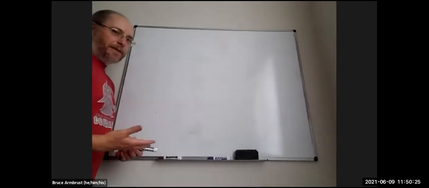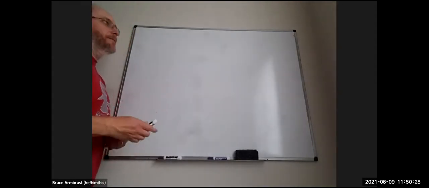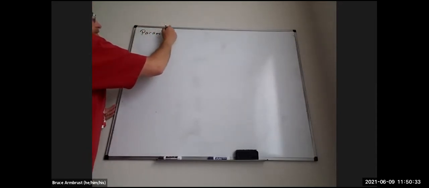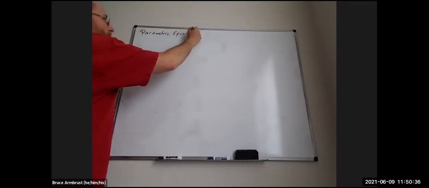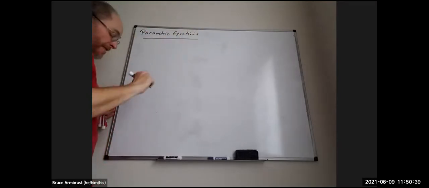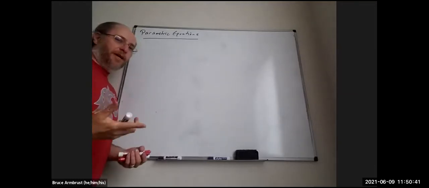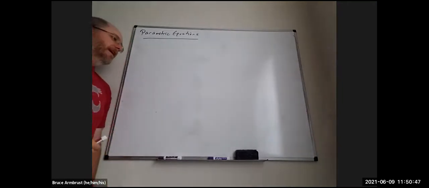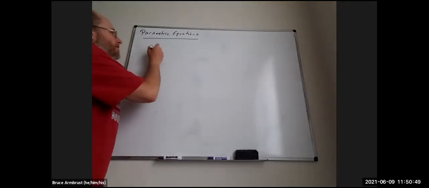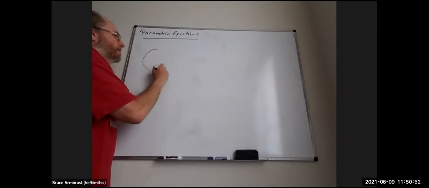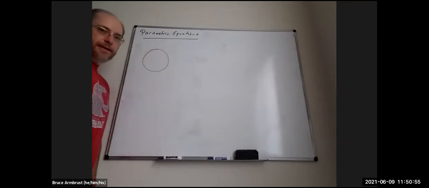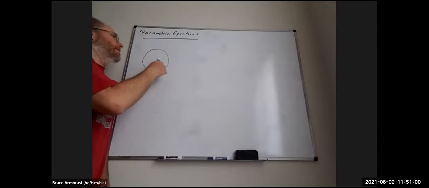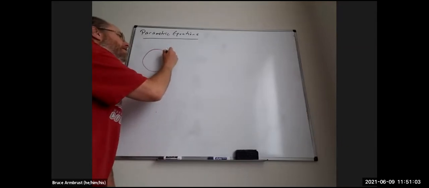All right. So the next topic that we're going to go into are these things that we call parametric equations. And to sort of set the table here, I have this question to ask you. Suppose that we have an object that's traveling on this path. All right, so this is just a path, and we've got something on it that is moving.